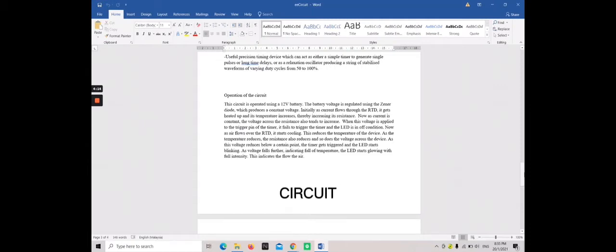Now, as air flows over the RTD, it starts cooling. This reduces the temperature of the device. As the temperature reduces, the resistance also reduces, and so does the voltage across the device.